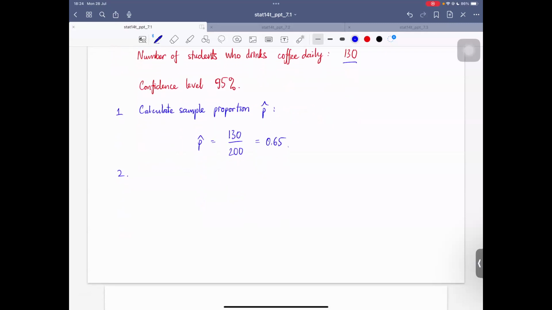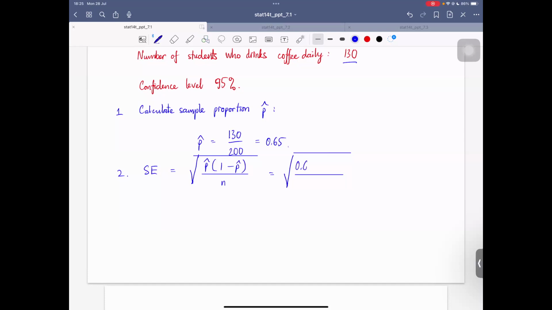The second step, we need to compute the standard error. The standard error, I'm going to denote it as SE. So based on the formula for the standard error, we have standard error equals square root of p hat times 1 minus p hat divided by n, right? When you plug in p hat, what do we have?